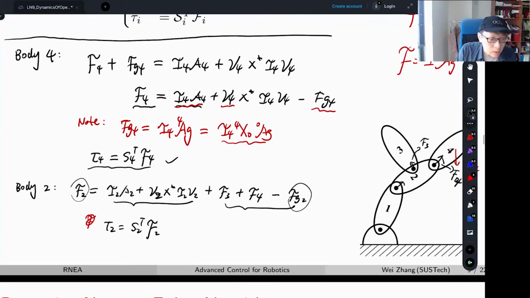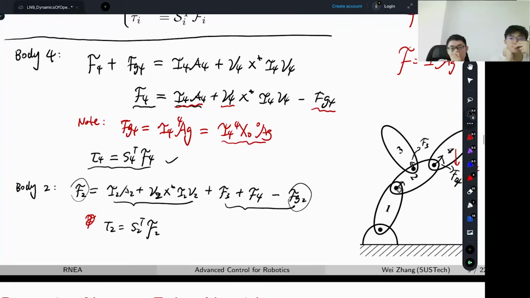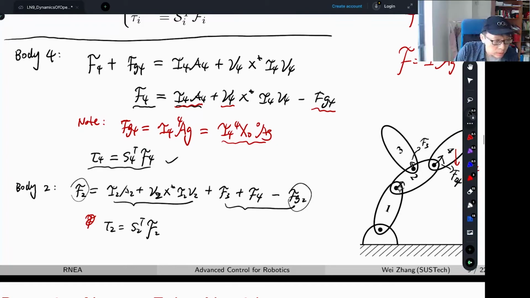Now I'm going to ask you to look at the structure of this force, the joint force, let's say for joint 2. What do you think this force is used for? This force is used to generate motion of this body.